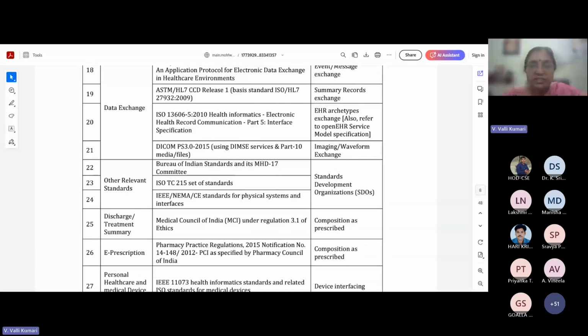What are the components? As I told you, demographics, medications, clinical reports, and continuous monitoring data, medical codes, medical images, all of these put together make an electronic health record. And what is the workflow like? The inpatient and the outpatient data.